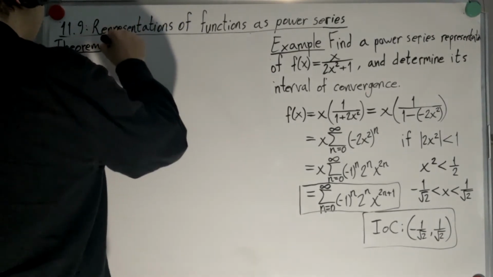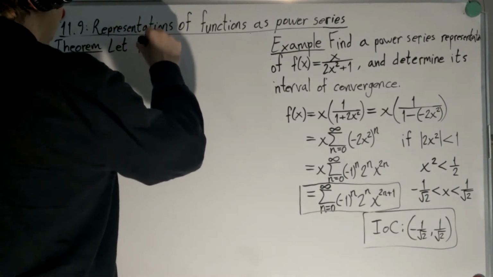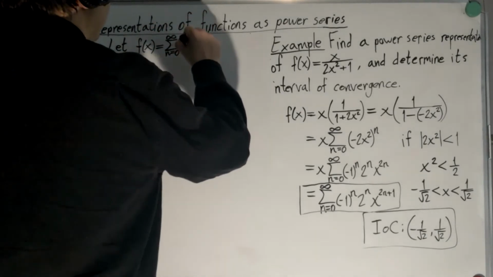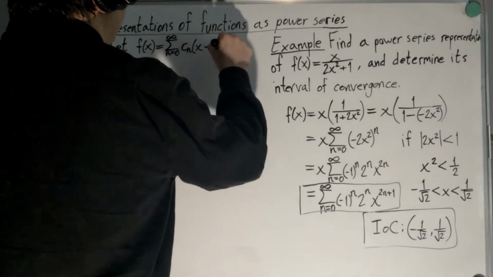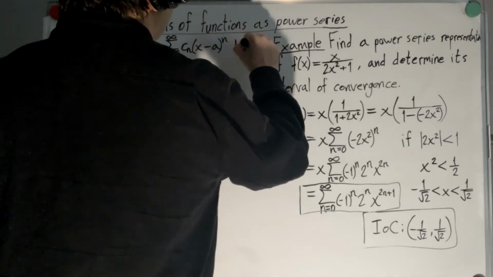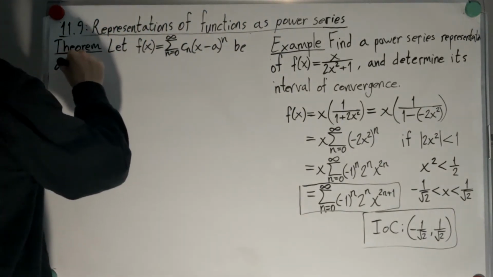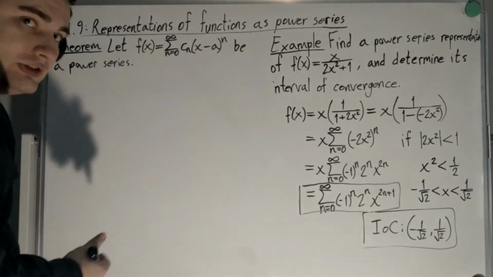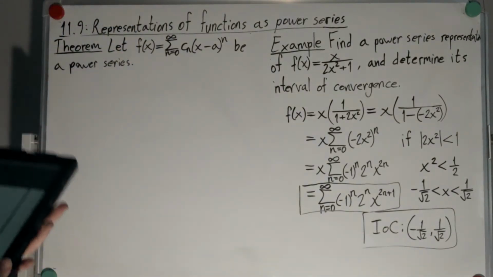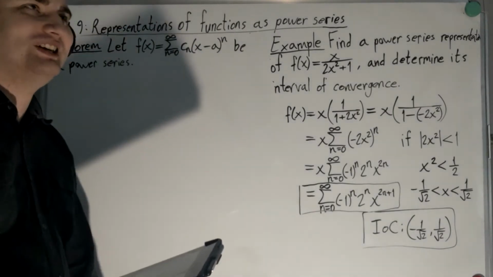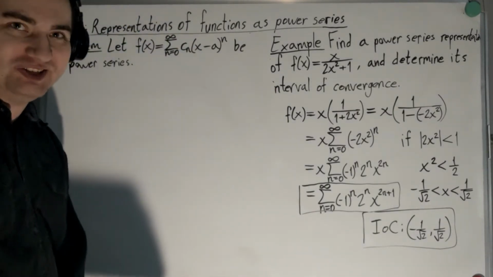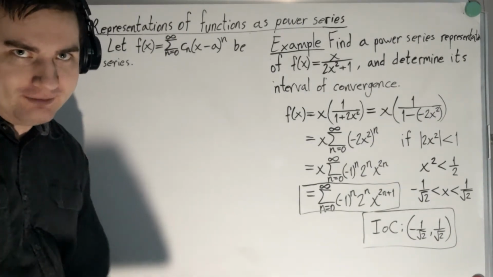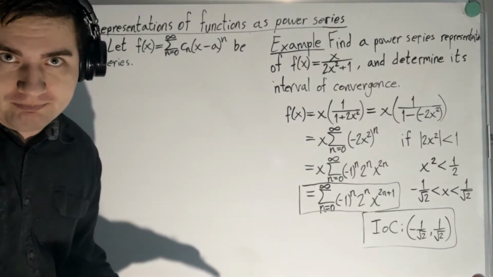Okay, let f of x equal the sum from n equals 0 to infinity of Cn times x minus a raised to the nth power be a power series, where here Cn is some sequence. I didn't mean to say constant sequence. I meant to say a sequence that doesn't depend on x. So none of the terms depend on x. They're just numbers, right? And a is just some constant.